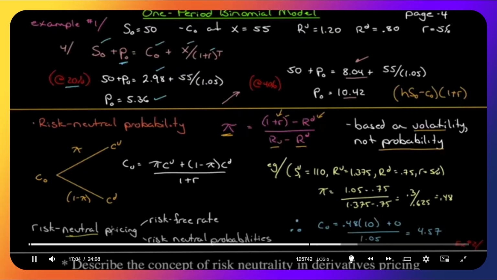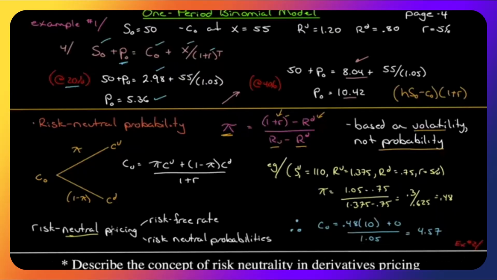Whose probabilities do we use? That's why we use risk-neutral probabilities. And as I explained, the probability is embedded within the volatility because we assume a normal distribution of returns, and depending on our volatility, it tells us what our probability is.